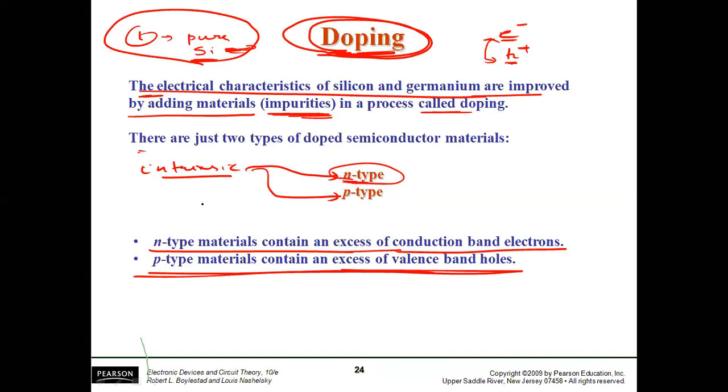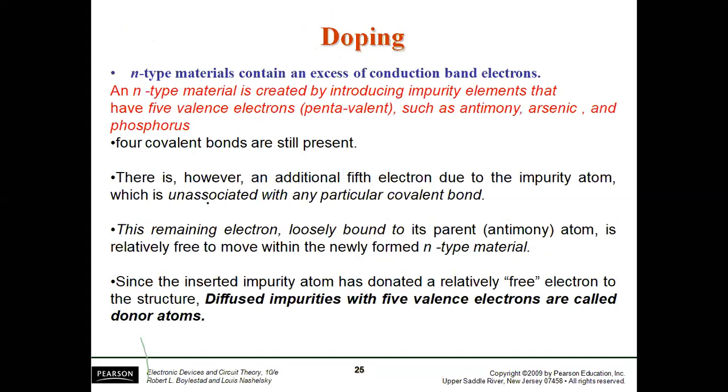Okay, and first we will discuss the creation of N-type material. N-type material contains an excess of conduction band electrons, and it is created by introducing an impurity element that has 5 valence electrons.